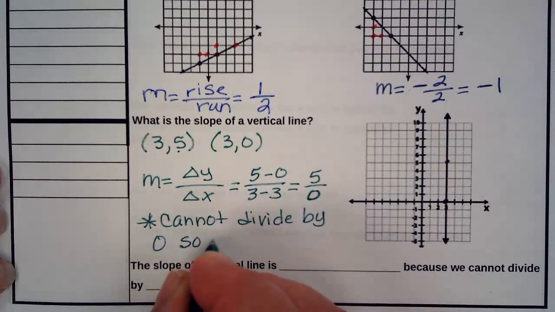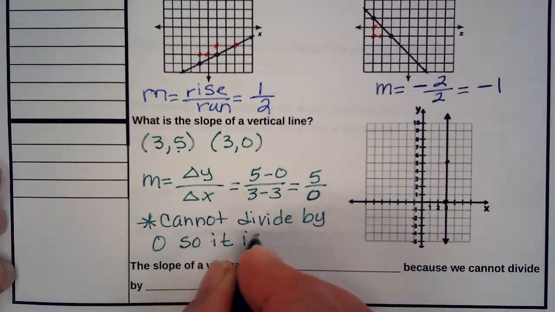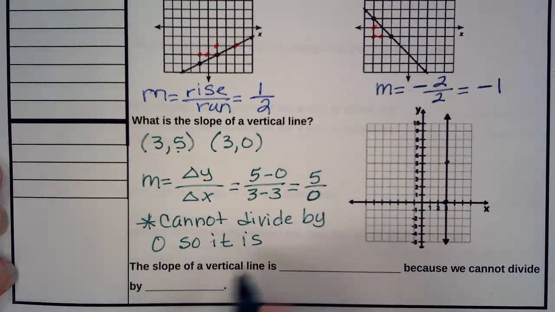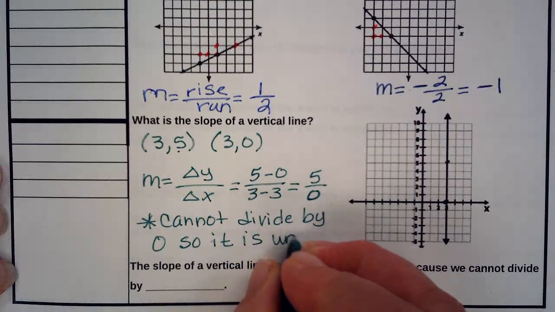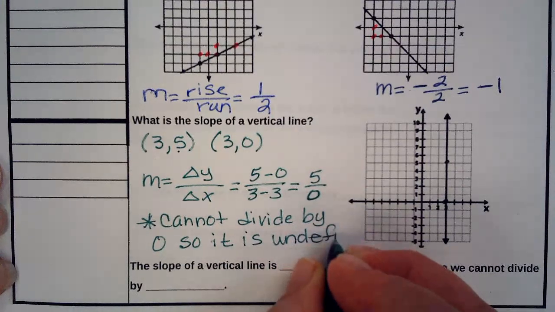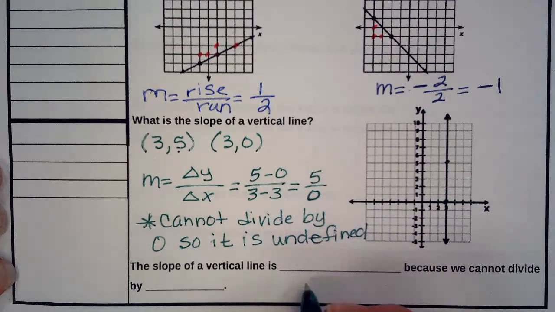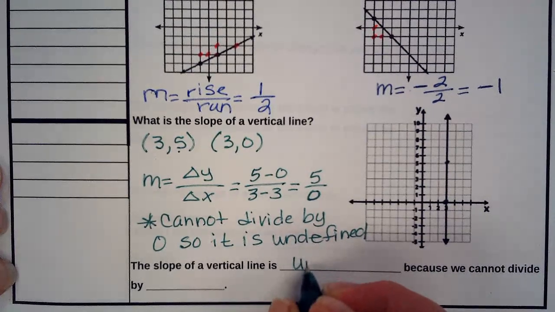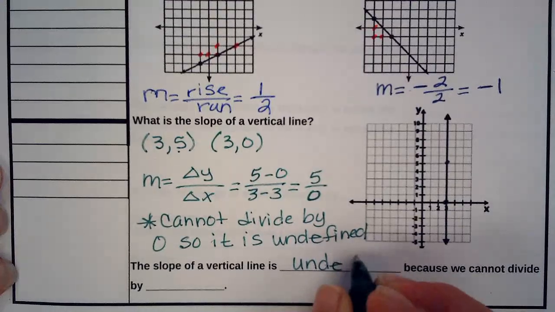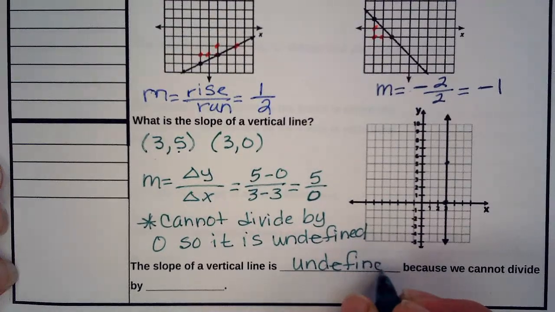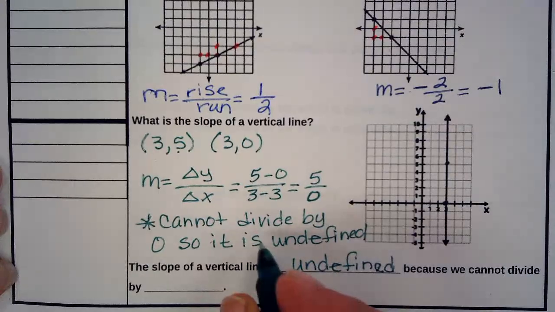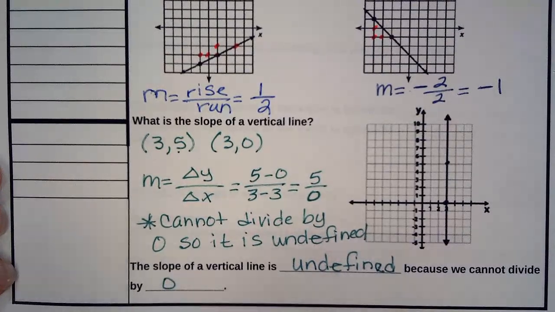So it is undefined. So the slope of a vertical line is undefined, and it is specifically for the reason we just stated: you cannot divide by 0. So anytime you see a vertical line, you do not have to find the slope because you know it will be undefined.